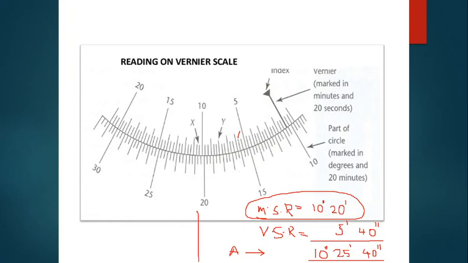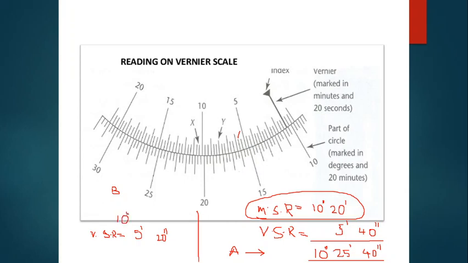Let us assume in vernier B the main scale reading is the same, but when you search for the coincidence, the vernier scale reading is something around 5 minutes 20 seconds, let us say. Here the main scale reading will be the same and will not change.